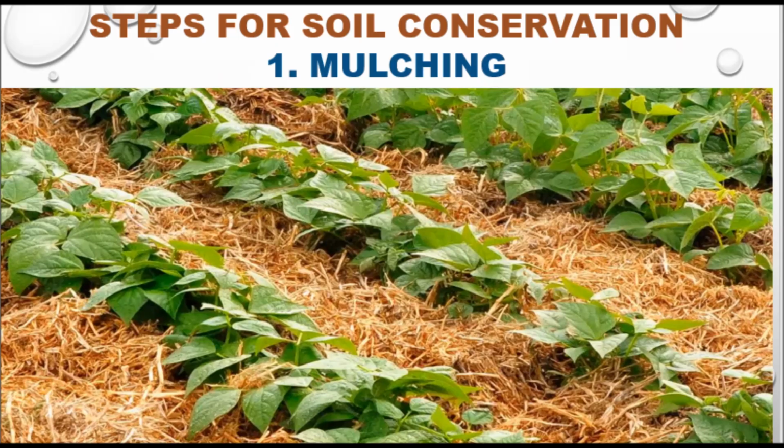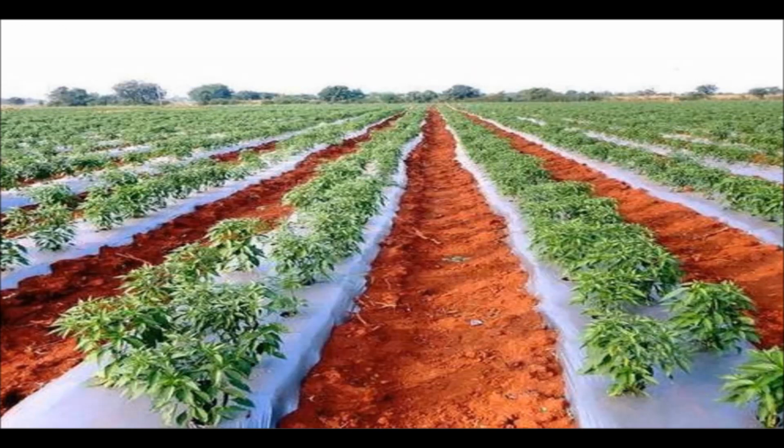A mulch is a layer of organic matter like straw applied to the surface of soil. Reasons for applying mulch are to conserve soil moisture, improve soil fertility and health of the soil, and also to reduce weed growth and improve the visual appeal of the area.